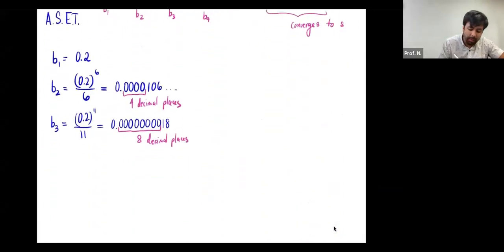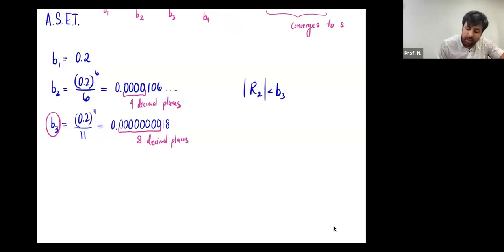So it must mean that b3 is going to be my upper bound because b2 is too small. If b3 is the upper limit to my remainder, then I must be finding the partial sum with 2 terms.